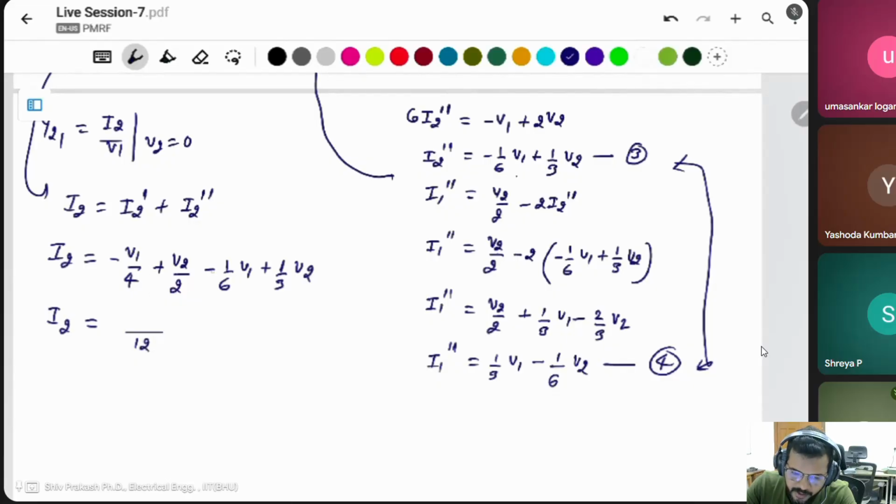This is a 3 minus 3, this will be 2 minus 2. This whole is minus 3 minus 2, which will be 5 V1 plus V2. This will be 2 plus 3. It will be 5 by 6 V2.